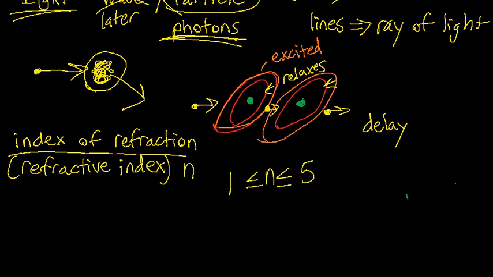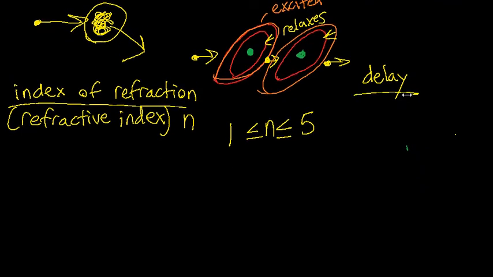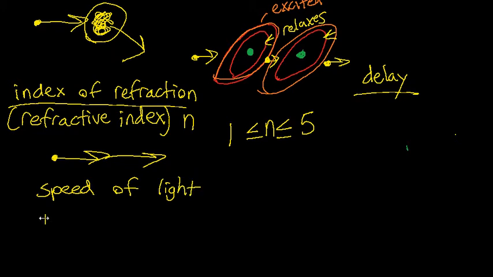And what this means in terms of the delay is that if you have a photon zipping along on its merry way with nothing out here, then it will just keep going in a straight line. And the speed at which it goes is what we call the speed of light in vacuum.